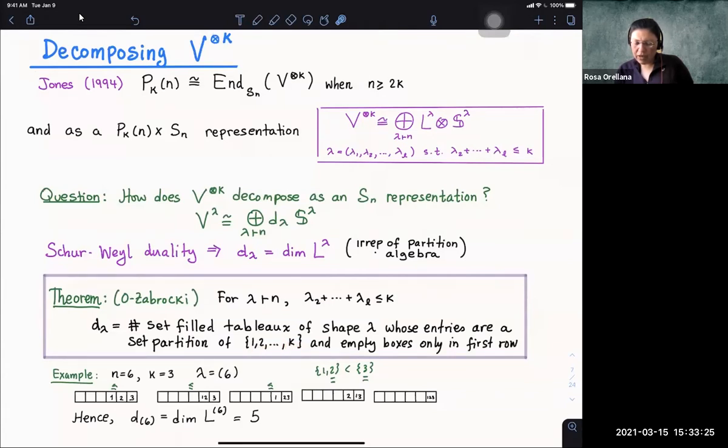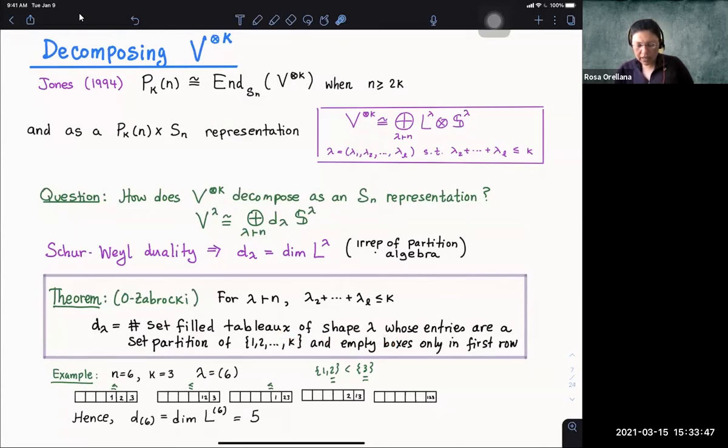So basically you have a set partition of 1 through k, and you fill the tableau with the set partition. And you're allowing empty boxes, because k can be anything, but they can only occur in the first row, and they have to come before all the ones that are not empty, right?